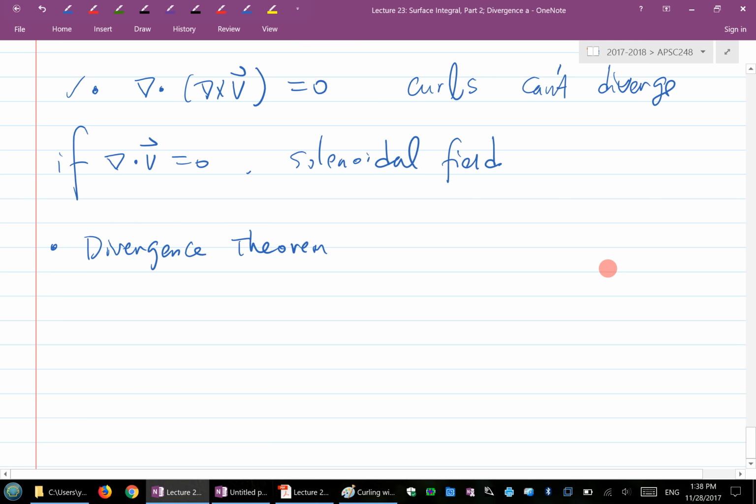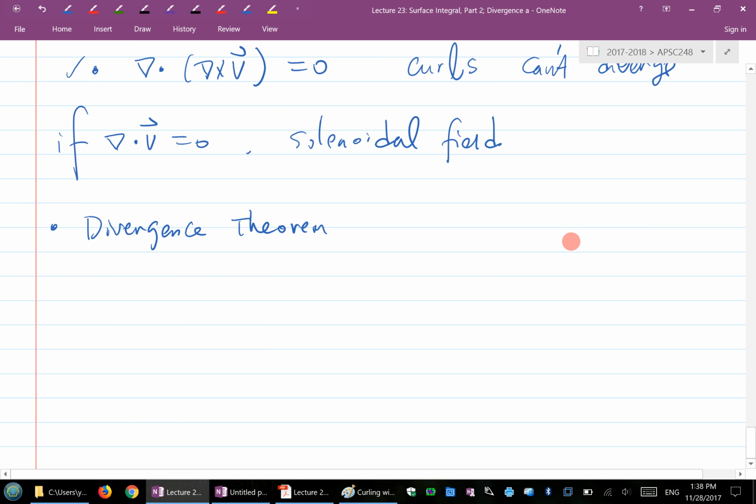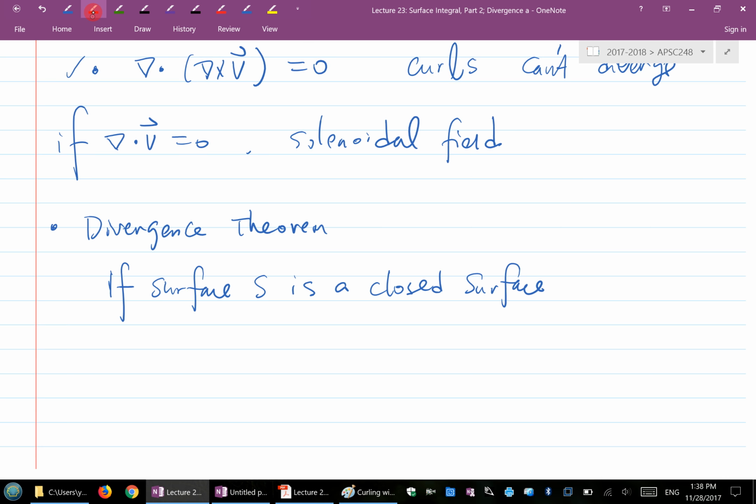So, divergence theorem. First, let's write down the statement of this one. If surface S is a closed surface, the keyword here is closed.